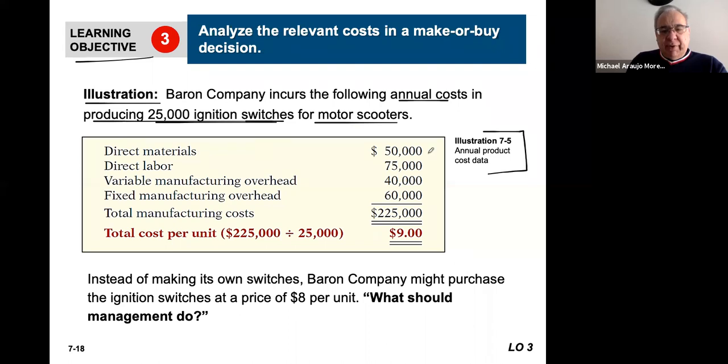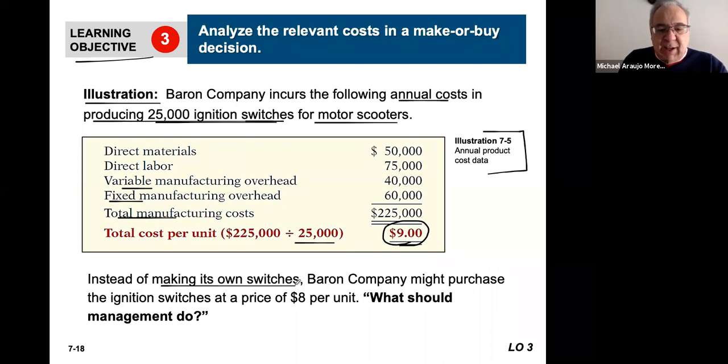Direct materials, 50,000. Direct labor, 75,000. Variable manufacturing overhead, 40,000. Fixed manufacturing overhead, 60,000. Total manufacturing costs, 225,000. They're making 25,000 ignition switches for motor scooters. That's $9 per ignition switch for motor scooters.